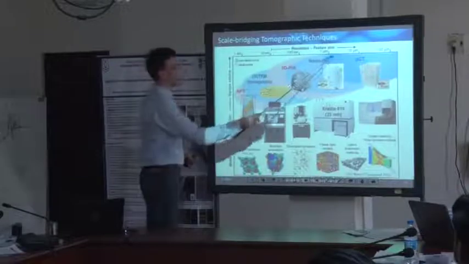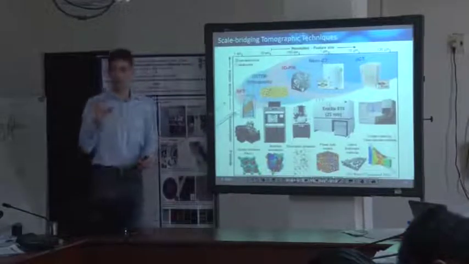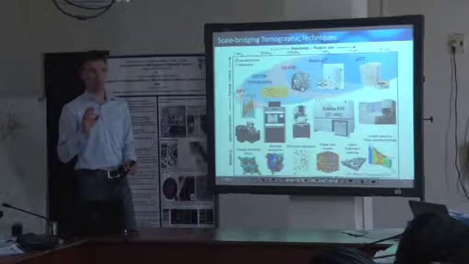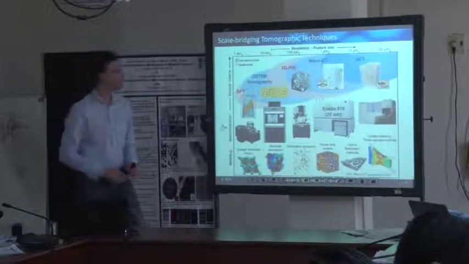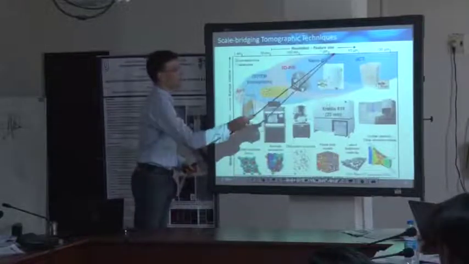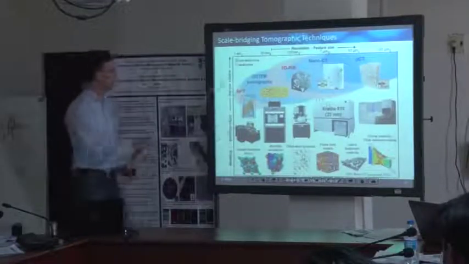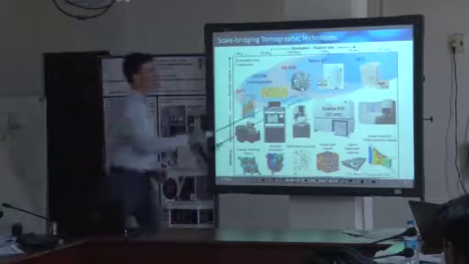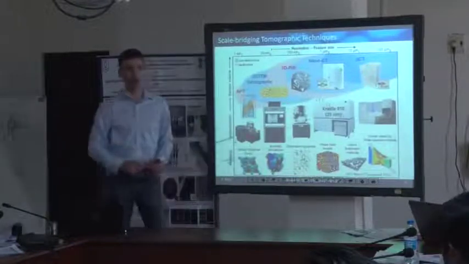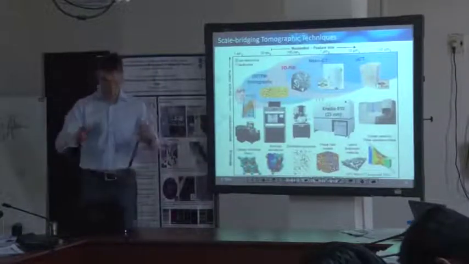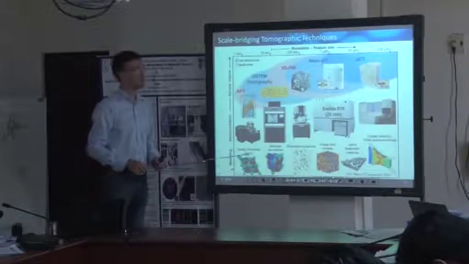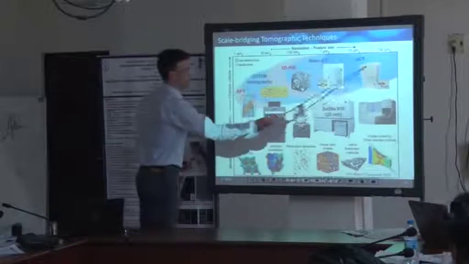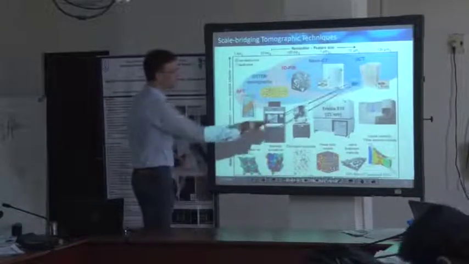The resolution, not the voxel size, is the size of objects that you can distinguish in 3 dimensions. In micro-CT it is of the order of 1 micrometer. The sample volume for such micro-CT might be of the order of millimeters to centimeters to probably half a meter or so, depending on the resolution. For smaller samples, the resolution might be a little bit higher.